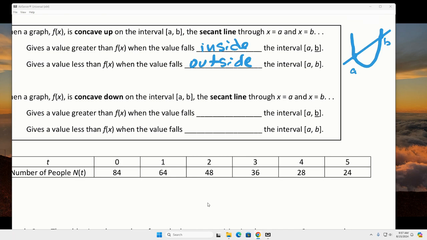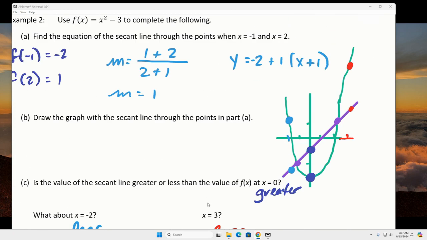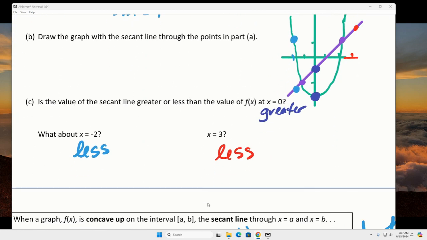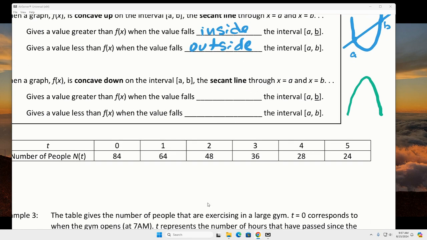And then concave down is just the opposite, because that's what we got here. The original one was concave down. We got less, greater, greater. And then we have concave up, and we got greater, less, less. So it's just going to be the opposite. So you can draw your secant line however you want to, as long as it's going through A and B.